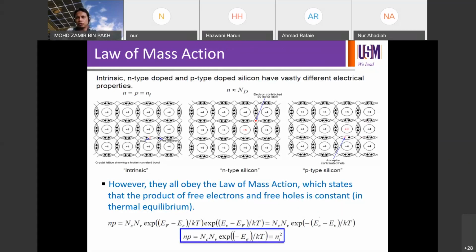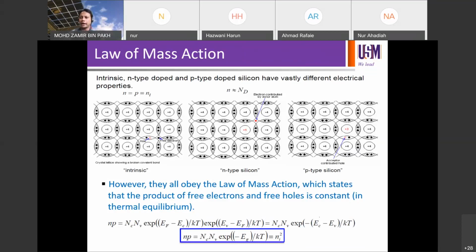For example, if you dope your silicon with phosphorus, which is ND, to the level of 10 to the 17, and 10 to the 17 is way higher than 10 to the 10, which is ni, then your density of free electrons can be approximated to be equal to ND. This is also applicable for P-type when you dope your silicon with boron or gallium. When the doping level is way higher than ni, which is equal to 10 to the 10, then your p can be approximated as NA, right?